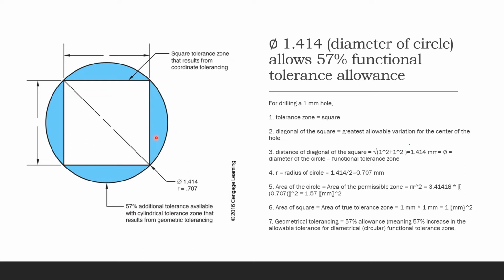So in common words, what it's trying to tell you is when you drill a 1 millimeter hole, the ideal location should go into this square, but you can go over that square and land your little hole up to this circle, alright, and we call that the functional tolerance zone.